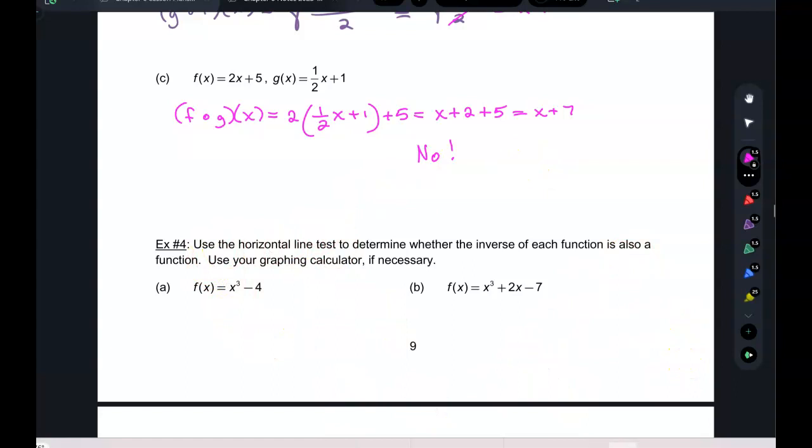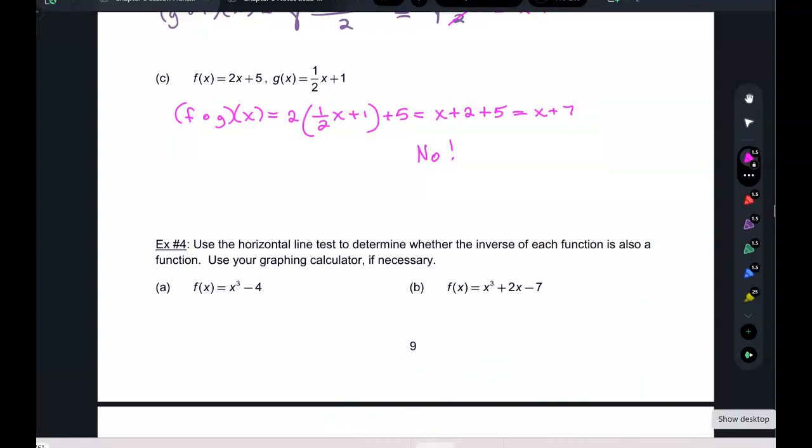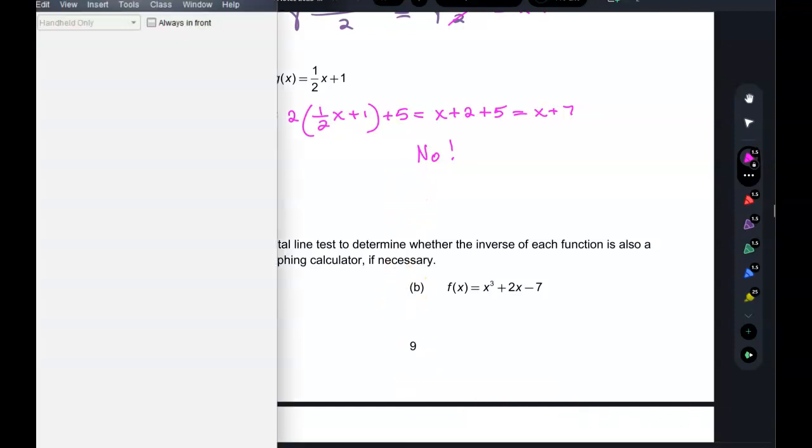Okay. The last part is use a horizontal line test to determine whether the inverse of each function is also a function. So we're just going to graph this and see if it passes the horizontal line test. I have to pull out my calculator.